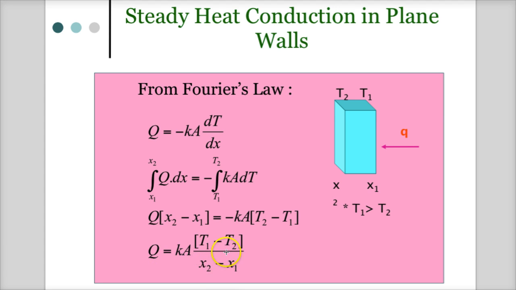T1 minus T2: in this example heat is transferred from hot to cold, so T1 is hot, minus the cooler temperature T2, divided by x2 minus x1. This is basically the thickness.